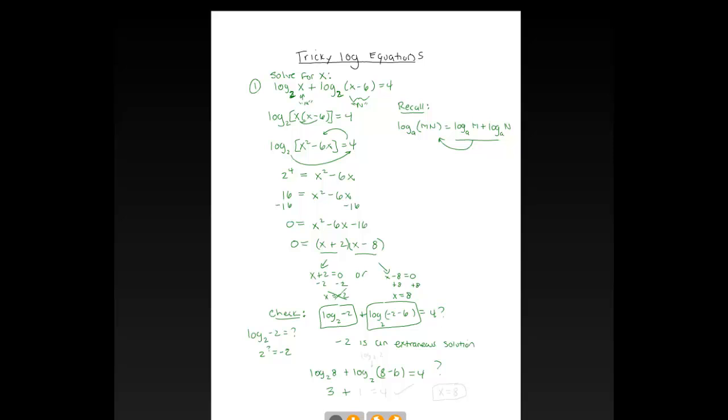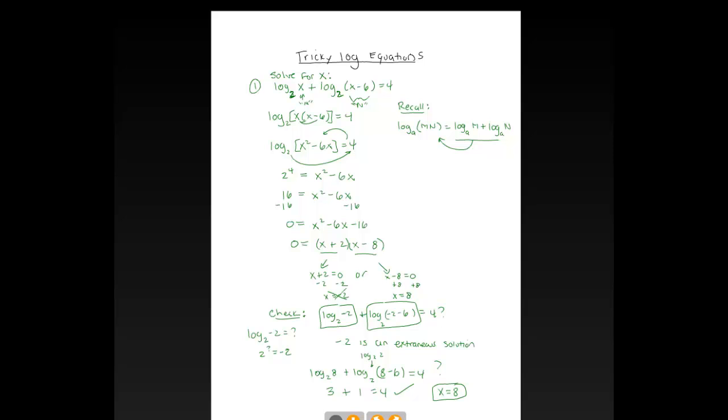Log base 2 of 8 minus 6, well, that's just log base 2 of 2. The number you raise 2 to get 2 is 1. And that works out, right? So we did it right. So notice that the only answer is x equals 8, even though our work produced 2 possible answers.